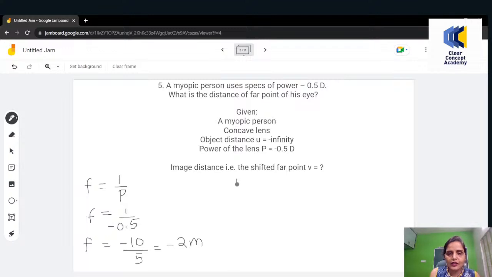So using the lens formula, 1 by v minus 1 by u is equal to 1 by f, substitute the values. 1 by v is still unknown, 1 by u is 1 upon minus infinity, equal to 1 by f, which is 1 upon minus 2. As we know, 1 upon infinity is always 0, so we get 1 by v is equal to minus 1 by 2.